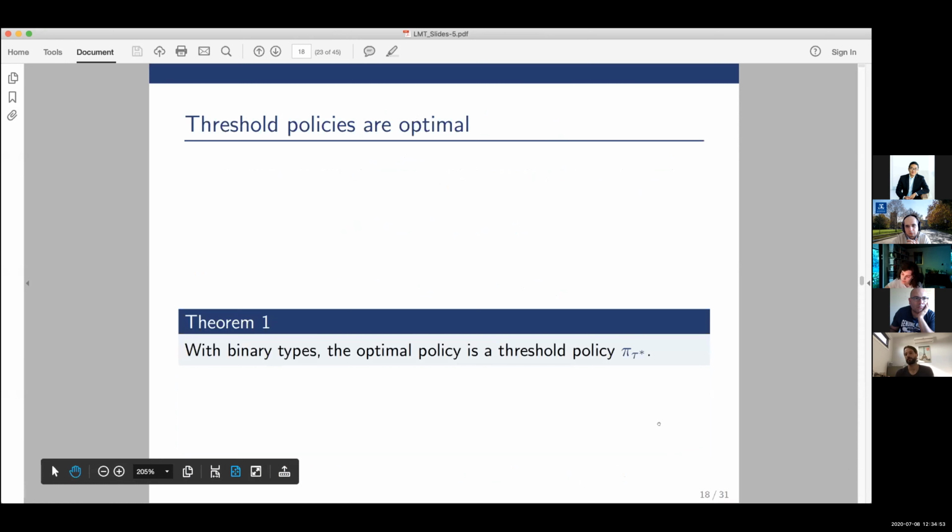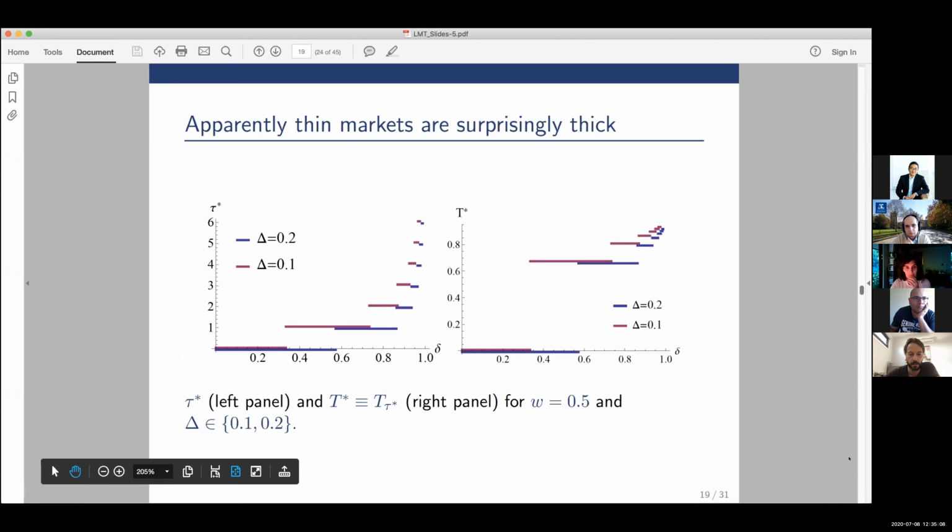Okay, so why should we care about threshold policies? Well, in the binary type setting, the optimal policy is a threshold policy, and we denote the optimal threshold by tau star. And so this here is in some ways the summary of one of the headline results, reconciling the fact that observationally markets are often very thin, but yet in their behavior, even very thin markets behave as if they were very thick, in the following sense.